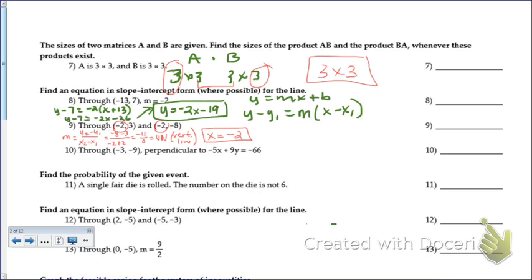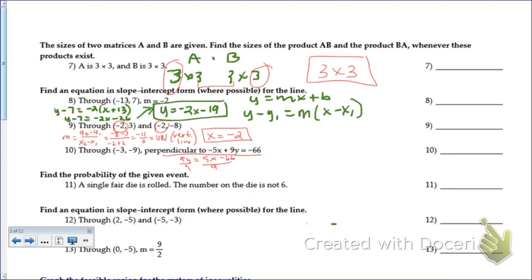Number 10, again, point-slope form, but I need to find my slope, and it's perpendicular to the given line. So I've got to find the slope of this line, and then what the perpendicular one would be to that. So I have 9y equals 5x minus 66, and then I'm going to divide by 9.